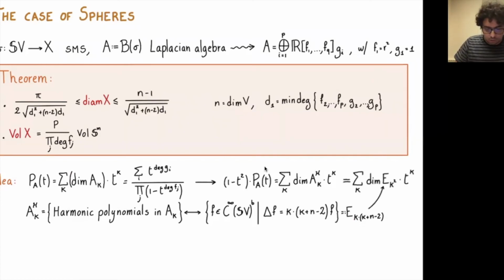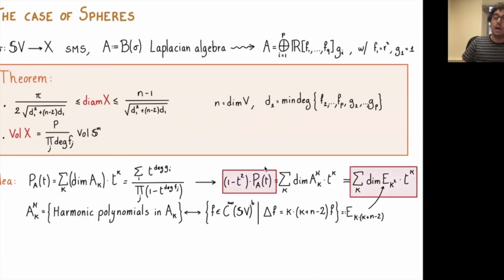And so what you get out of this is that this nice and explicit polynomial here contains information about the basic eigenfunctions of the Laplacian, right?